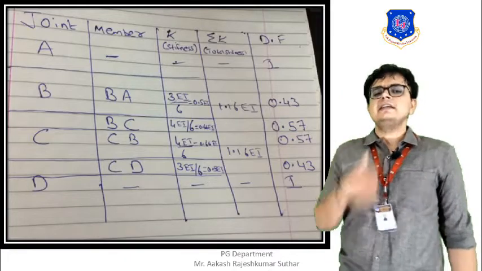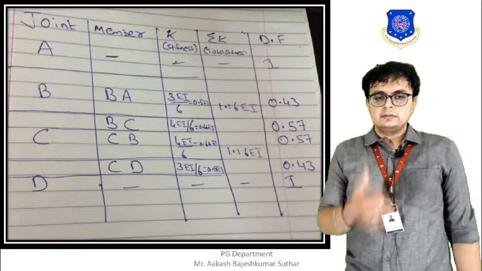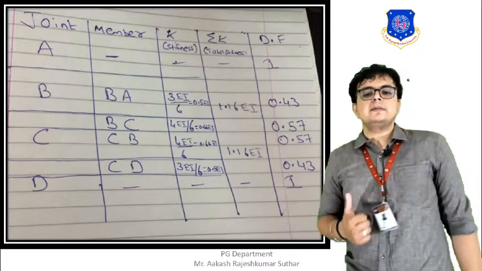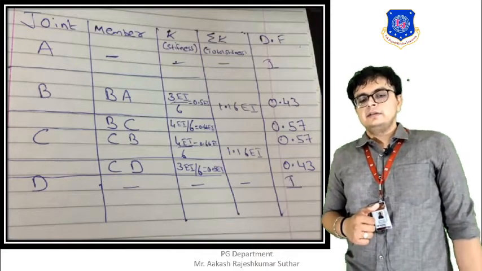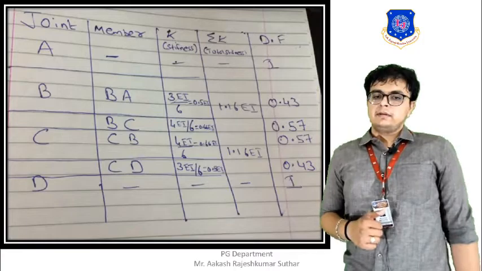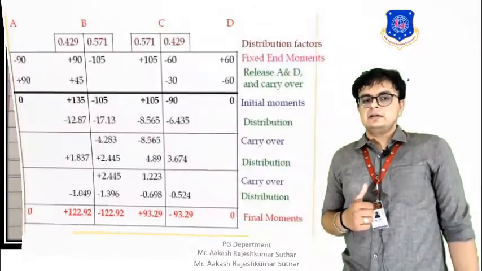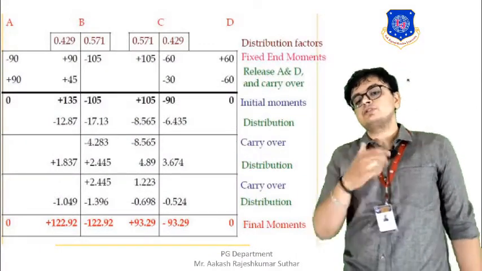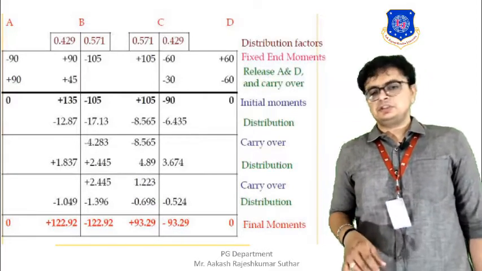And for CD, K will be 0.5 divided by 1.16, so finally we get 0.43. After that we have to prepare the moment distribution table, and that we will do in our next session.